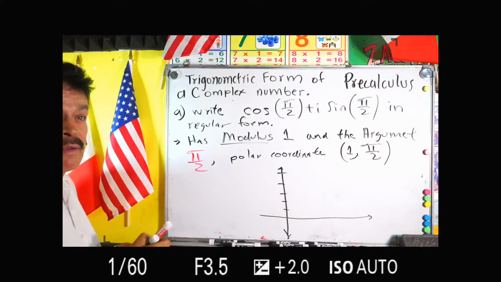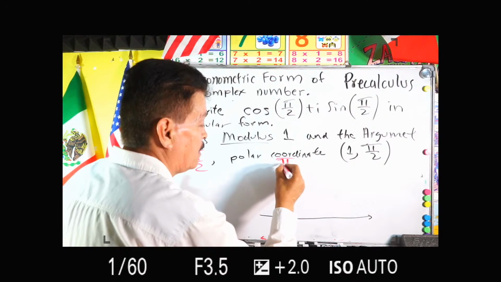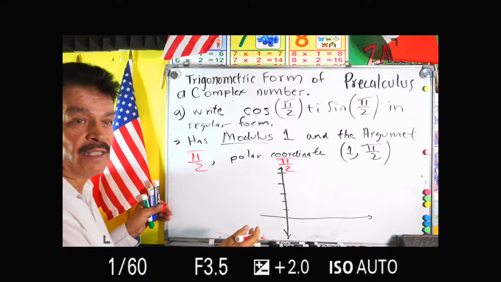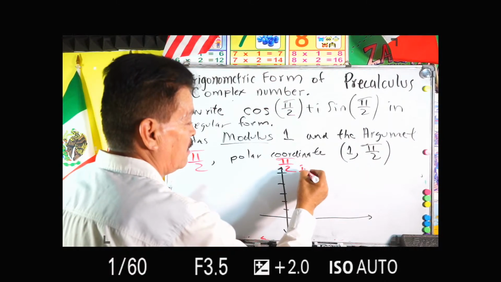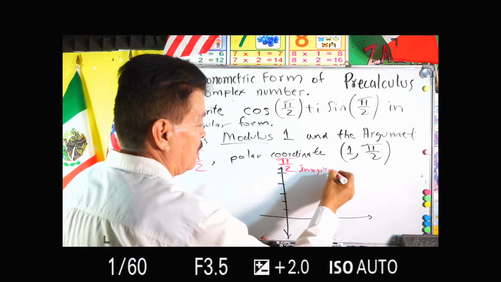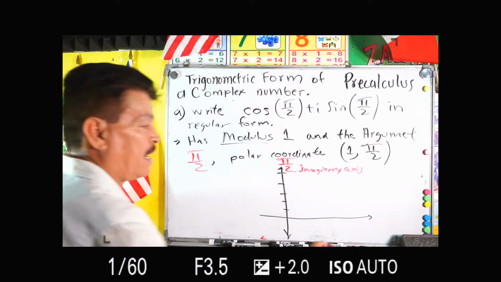Remember, that was our first problem. This is pi divided by 2 right there. This is the imaginary axis, and this is the real axis.